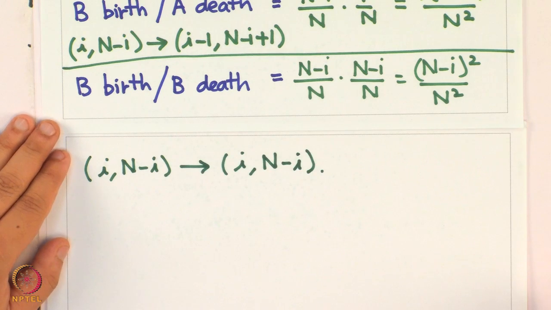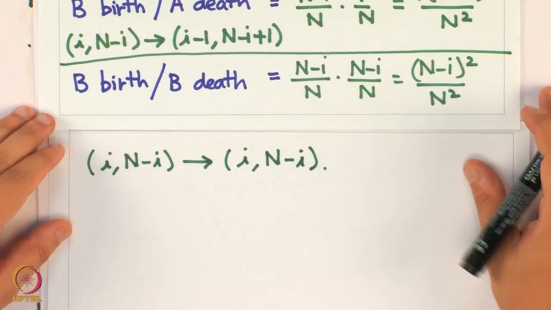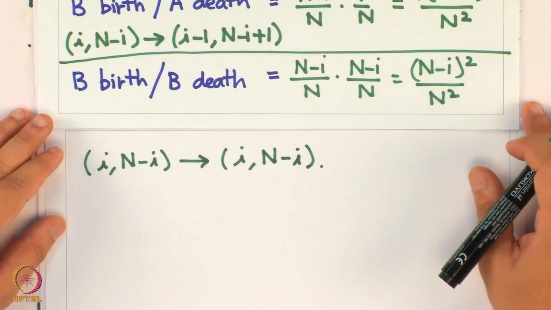Okay. It stays at the same place because it is the same genotype which is selected for birth and death. Birth increases the number by 1, and choosing the same genotype for death in that time interval brings down the number of individuals of that particular genotype by 1, and hence the state of the system does not change, it still remains at i and n minus i.